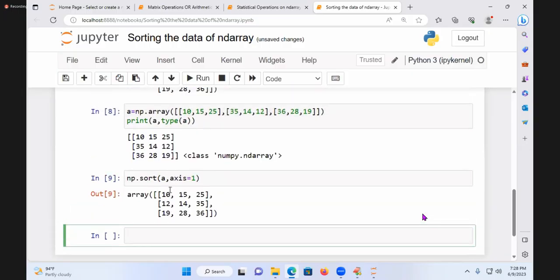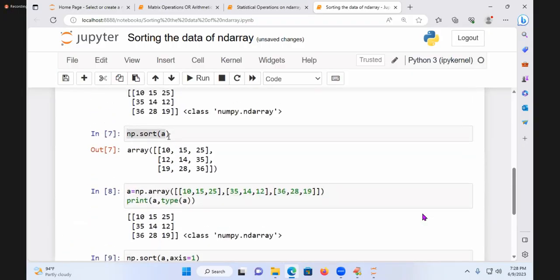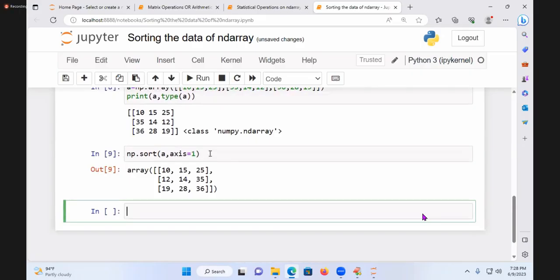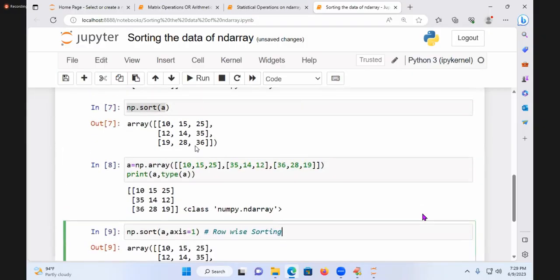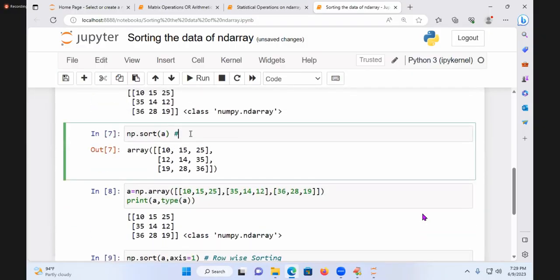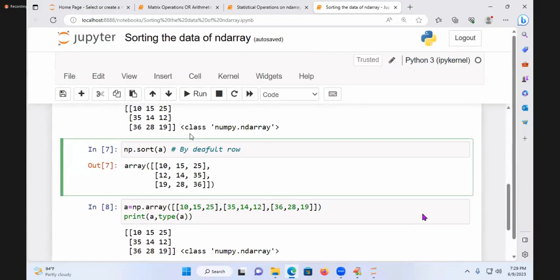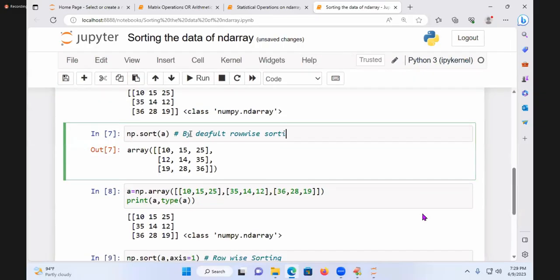Same. That means by default, this sort is applied row-wise. Row-wise sorting.